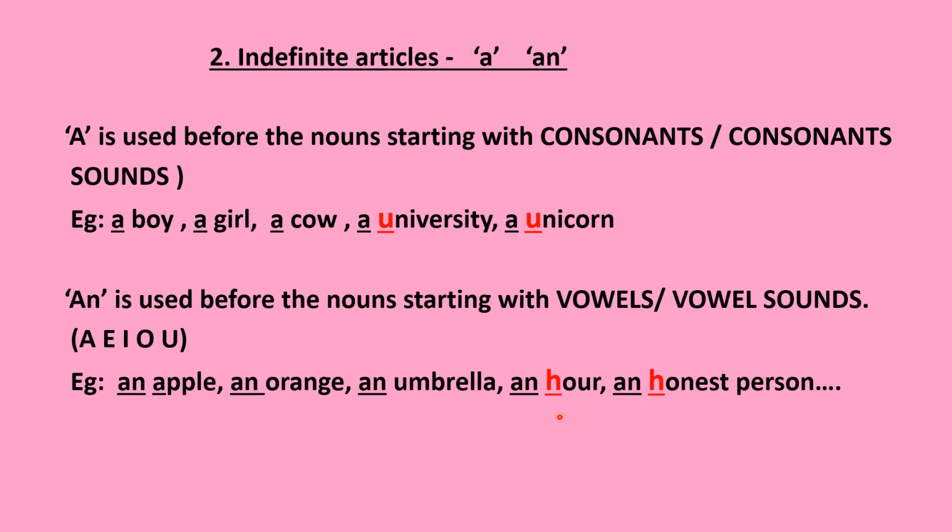H is a consonant, but the next vowel is taking the sound. So hour, we say it is our, we don't say hour with an h sound. In the same way, an honest person, we don't say honest with an h sound. So the next vowel is taking up the pronunciation. So that's why the indefinite article an should be used, students. So these are the exceptions you have to remember, especially when we are using the indefinite articles a and an. Okay, is it clear to you all?